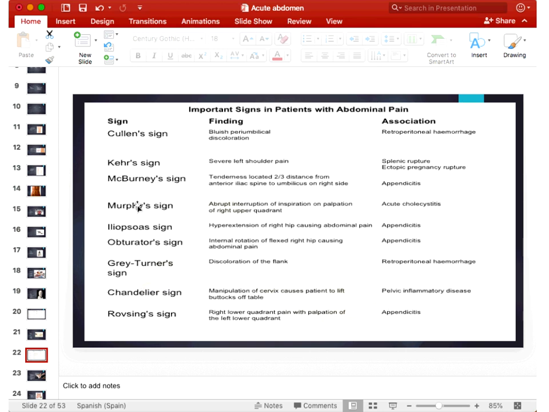McBurney, this is typical of appendicitis. Murphy sign is typical on cholecystitis. Almost all of them tend to guide you toward one pathology over the other, but they talk about acute abdomen.